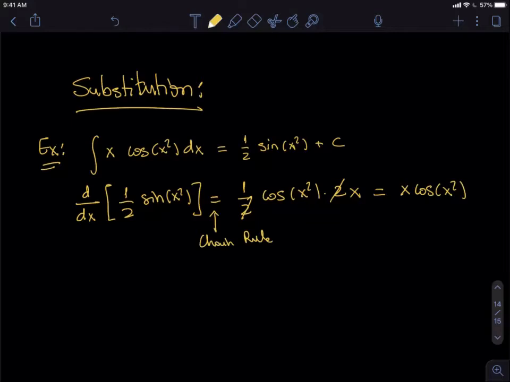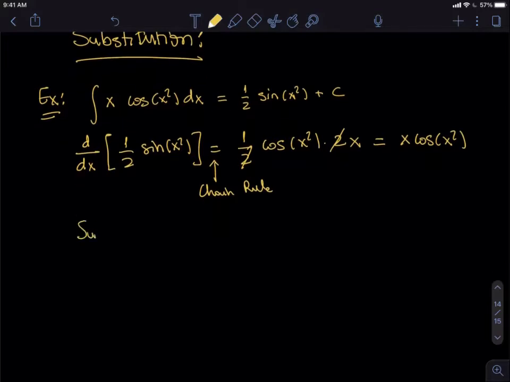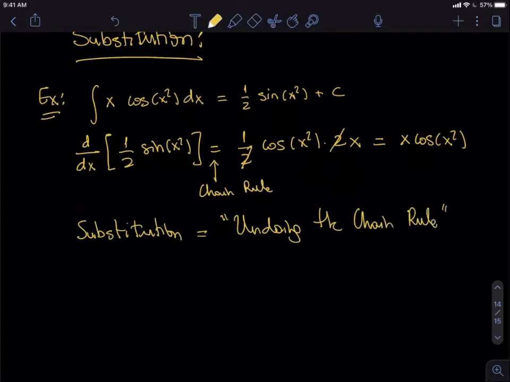So that is the process that we are going to do here. The substitution is basically undoing the chain rule.